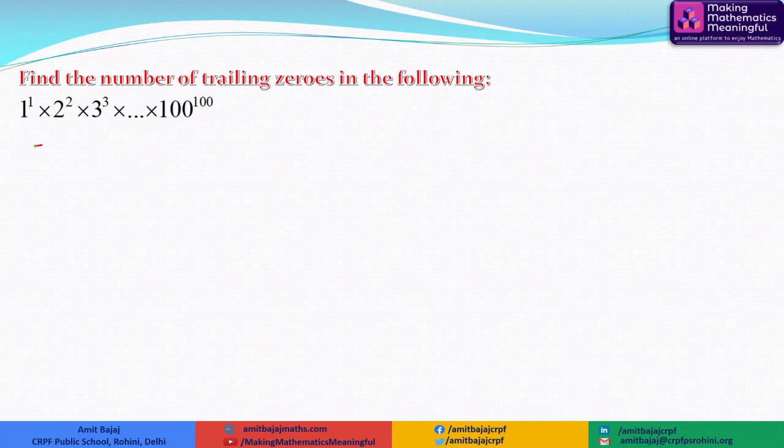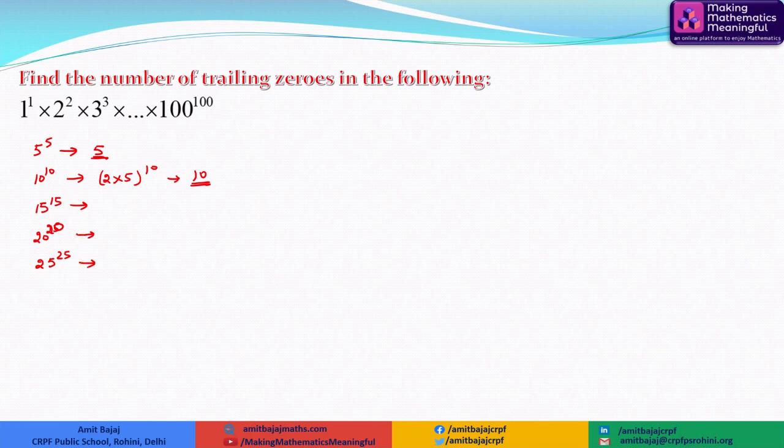So the zeros will be contributed by 5 raised to the power 5, which gives 5 zeros. Again 10 raised to the power 10 will give us 10 zeros. Next we have 15 raised to the power 15, 20 raised to the power 20, 25 raised to the power 25, and so on.